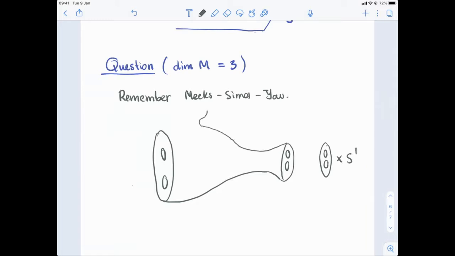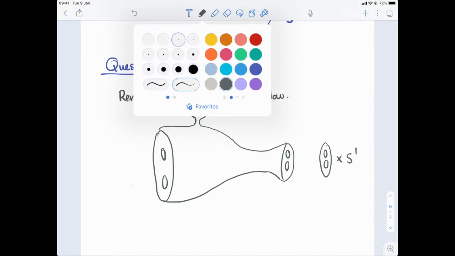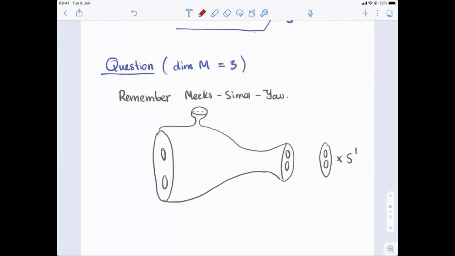Now here, I'm going to put some little bump on my metric. And then I'm going to make a surface something like this. It goes around here and comes back. So in the theory of Meeks, Simon and Yau, what will happen for the surface, let's say this is an incompressible surface. Incompressible means that the pi_1 of the surface is injective into the ambient manifold.